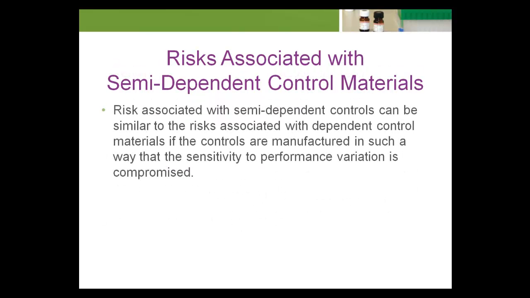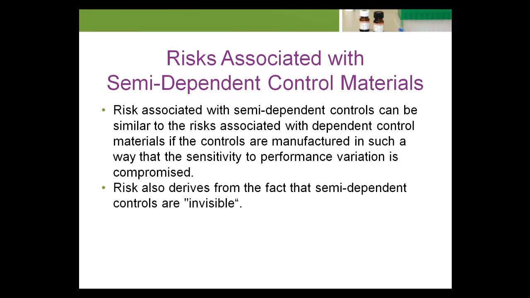The risk associated with semi-dependent controls can be similar to the risks associated with dependent control materials if the controls are manufactured in such a way that the sensitivity to performance variation is compromised.